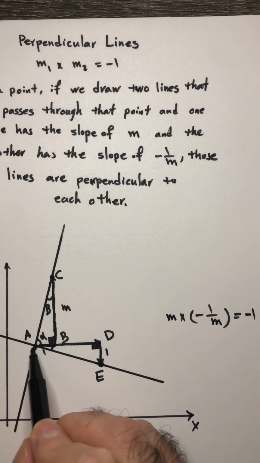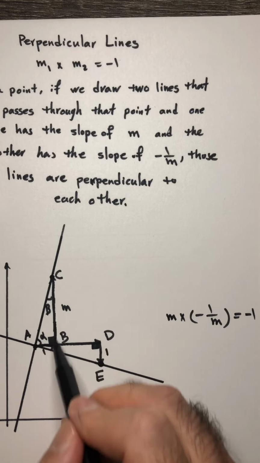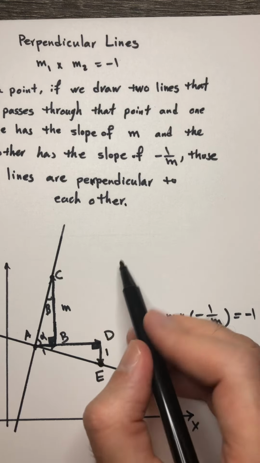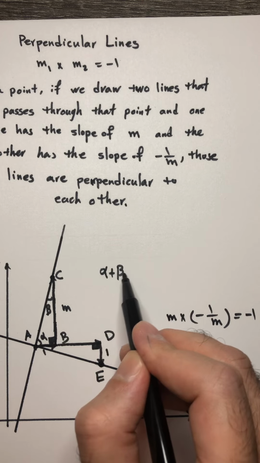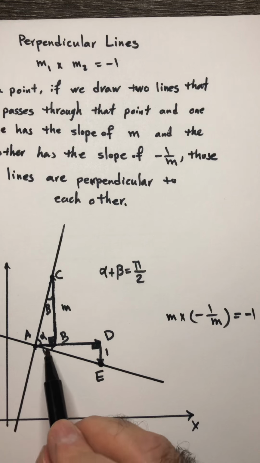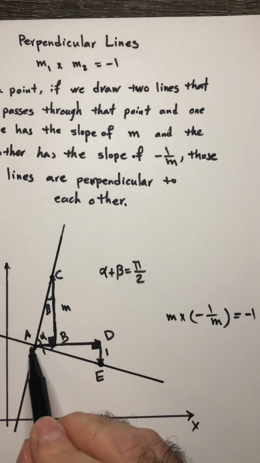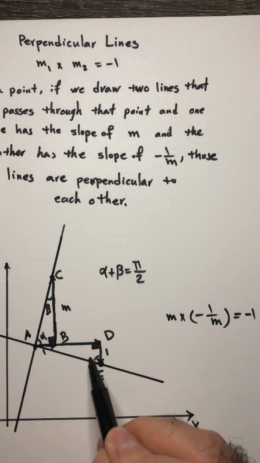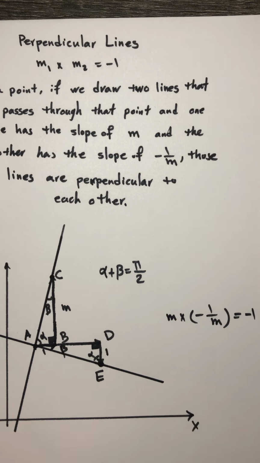We know that this is a right triangle. Therefore, in a right triangle, the sum of these two angles is pi over 2. So alpha plus beta equals pi over 2. Since triangle ABC and triangle ADE are equal, this is alpha and this is beta.